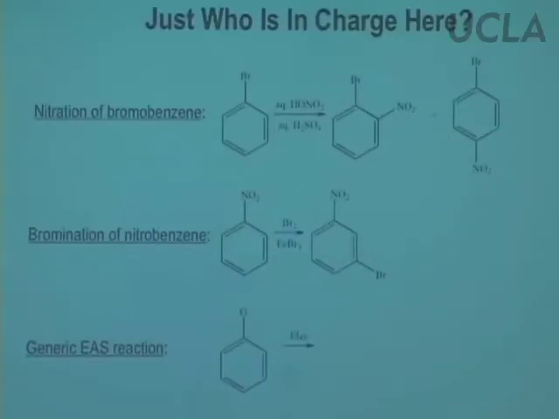It is not the electrophile that's being added. So in this first case, in the nitration of bromobenzene, the bromine is already attached to the ring. It's an ortho-para director. In the bromination case, the nitro is already attached to the ring. It is a meta director, so we get a meta product.